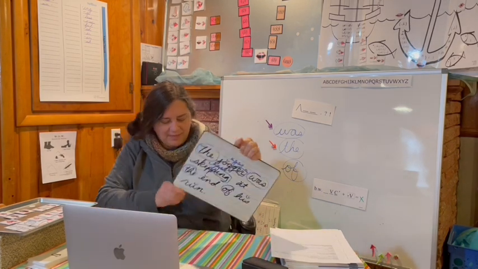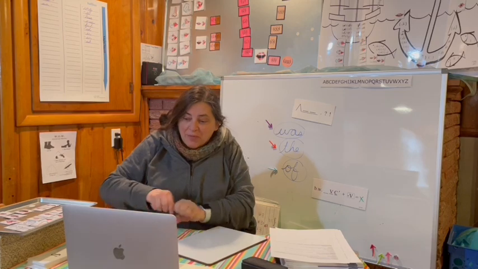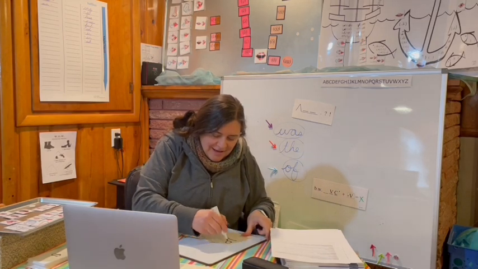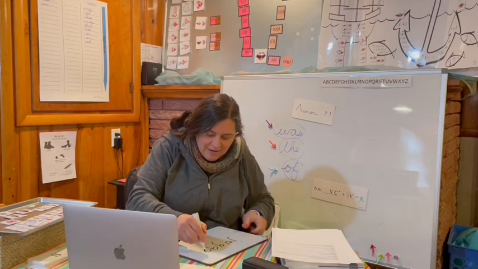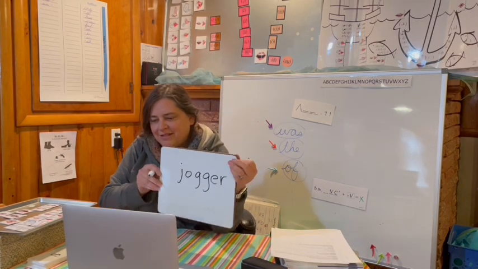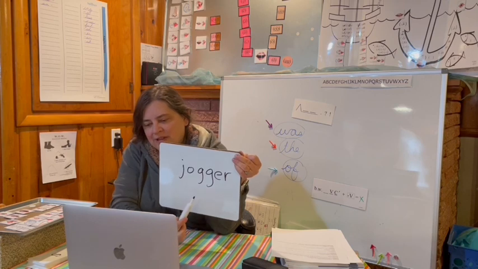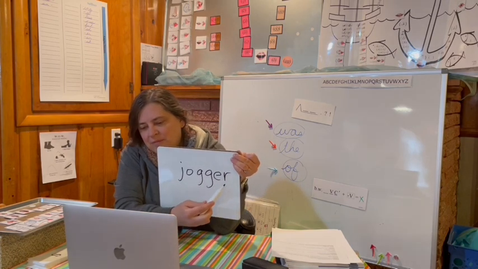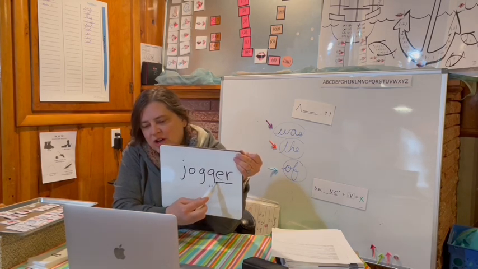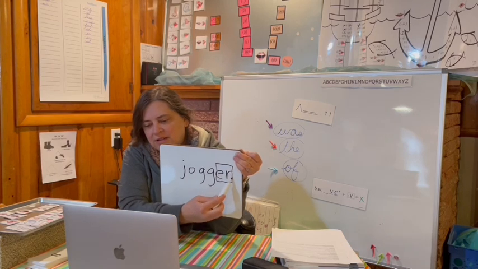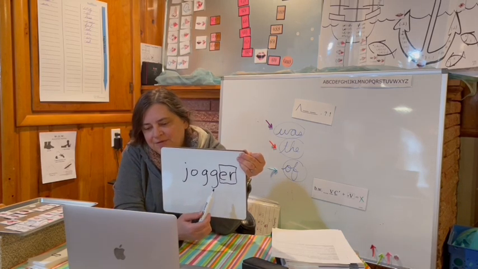Let me write it in print. So the base word is jog, J-O-G. And it has the suffix ER because it's one who.